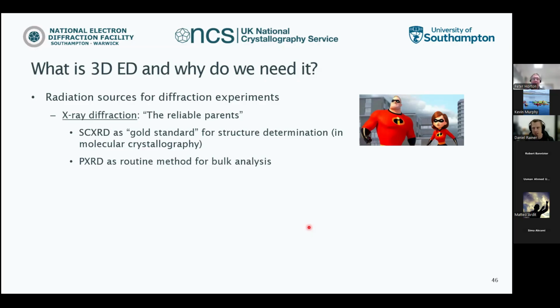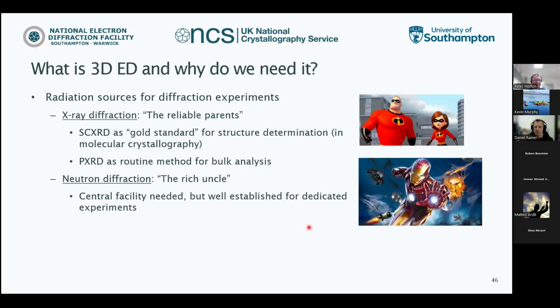Now, this obviously has some limitations, as I just said. An alternative to using X-rays as the radiation source is to use neutrons. I call it here the rich uncle. Neutrons are an exceptionally strong way to do specific types of measurements. However, this is only available at central facilities.